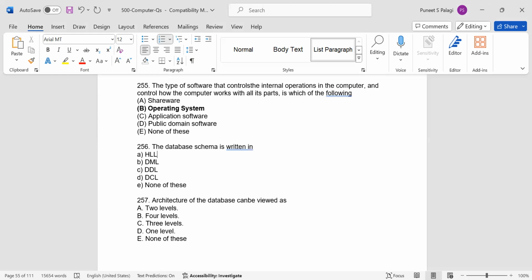The database schema is written in data definition language. The architecture of the database can be viewed at 3 levels.